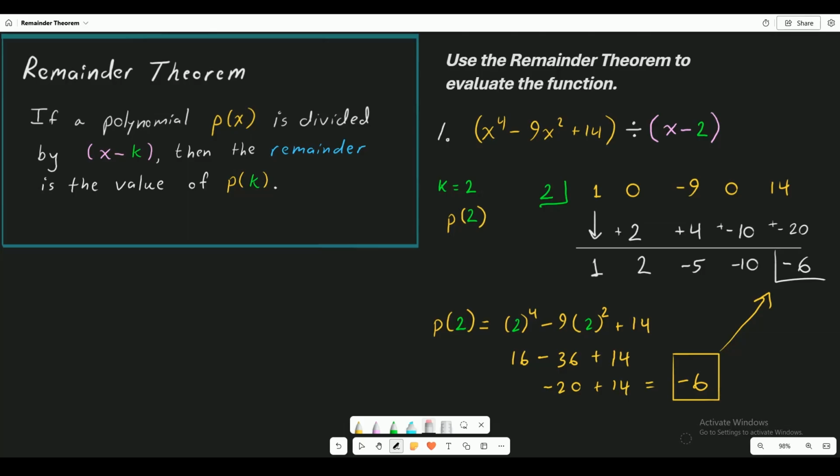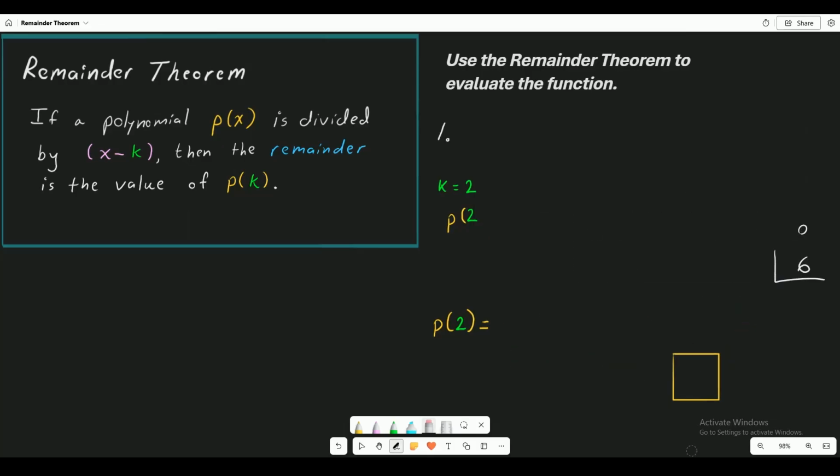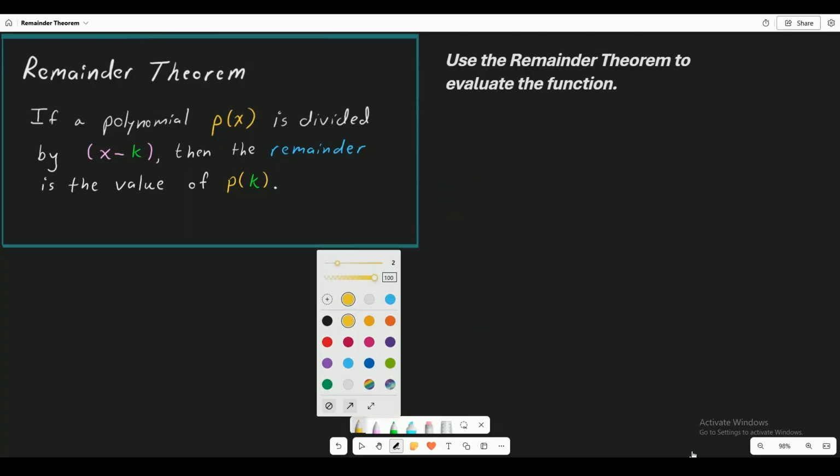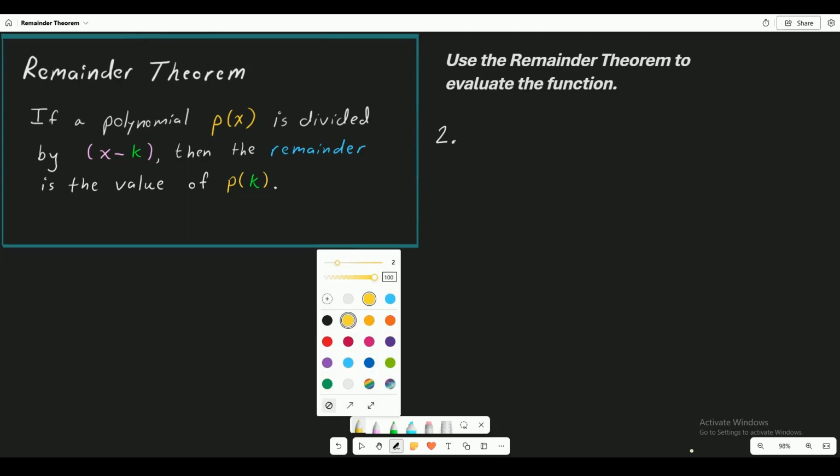All right, so I have another example for you guys. Here we go. Let me get rid of all this. All right, example number 2. I have prepared this polynomial.